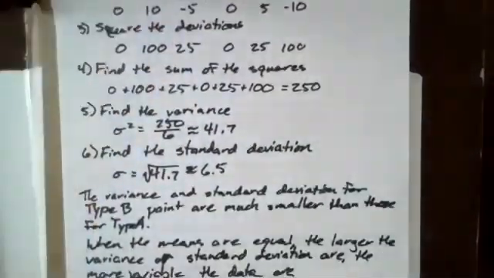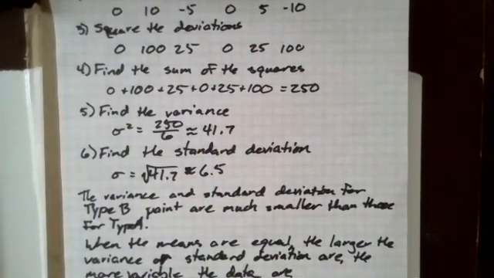We find the standard deviation by taking the square root of 41.7, which is about 6.5. The variance and standard deviation for type B paint are much smaller than those for type A. When the means are equal, the larger the variance or standard deviation is, the more variable the data are.